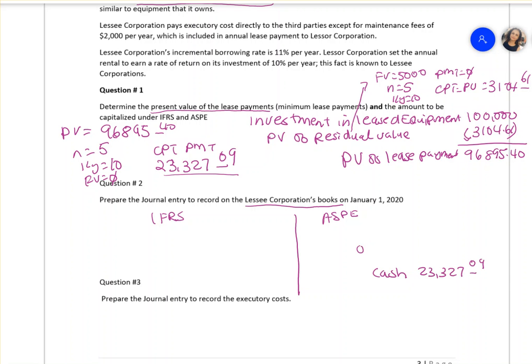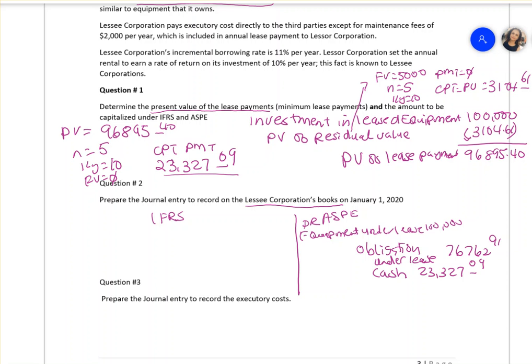We have an obligation under lease, which will be 76,762.91, and then your equipment under lease, 100,000. So now if you look at it, our debit didn't change. The only thing that changed was our payment. If payment changes, our obligation changes.